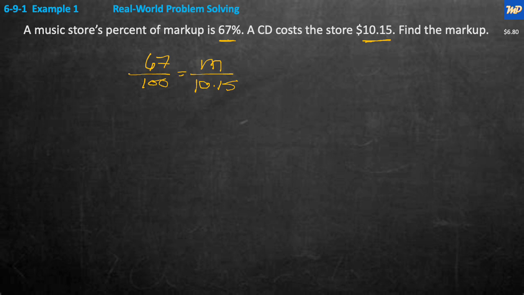In order to leave the M by itself on the right, we're going to multiply by $10.15 on both sides. So $10.15 times 67 divided by 100 is equal to M times $10.15 over $10.15.